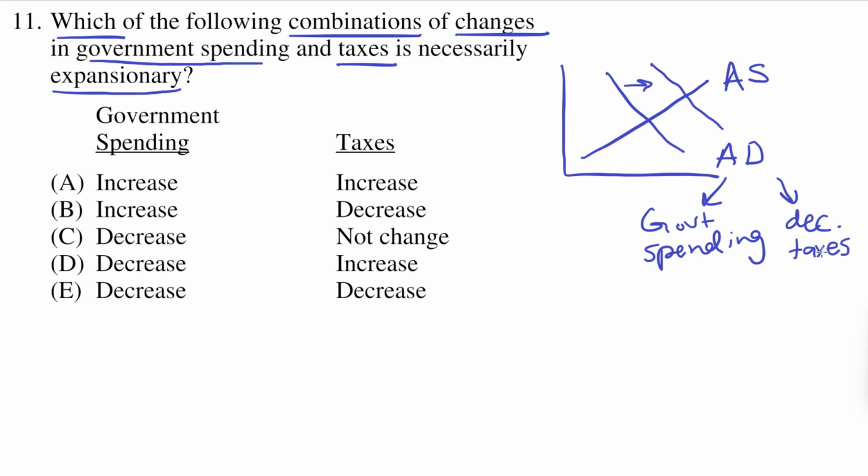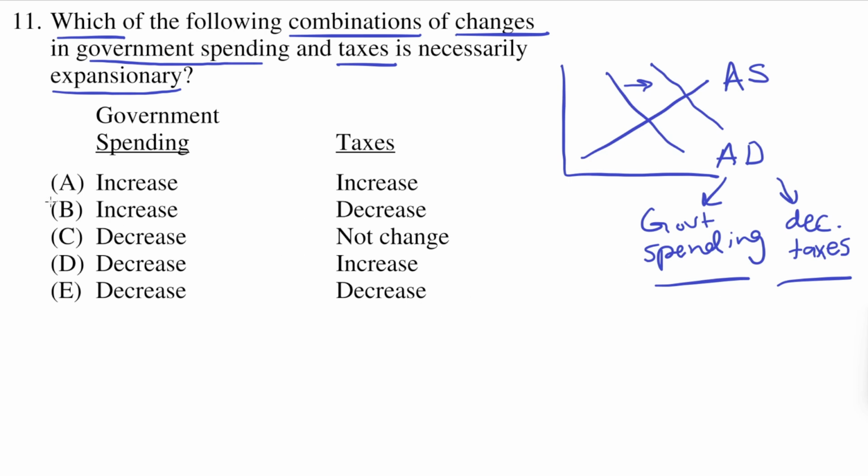Decreasing taxes gives more post-tax income to the people in the country, and that means that the people will have more income to be able to spend more on goods and services, and that will also increase aggregate demand. So obviously you can do one or the other, or you could just do both.